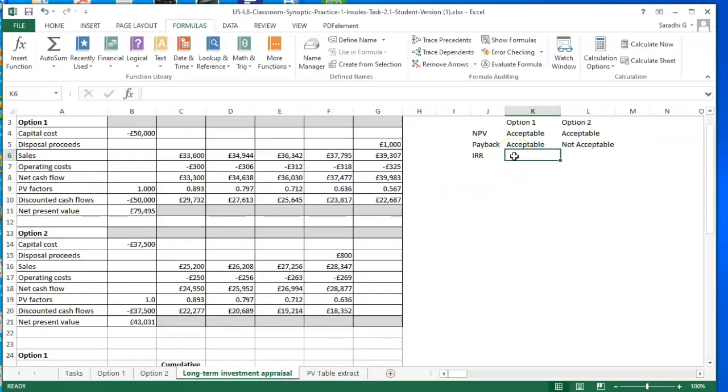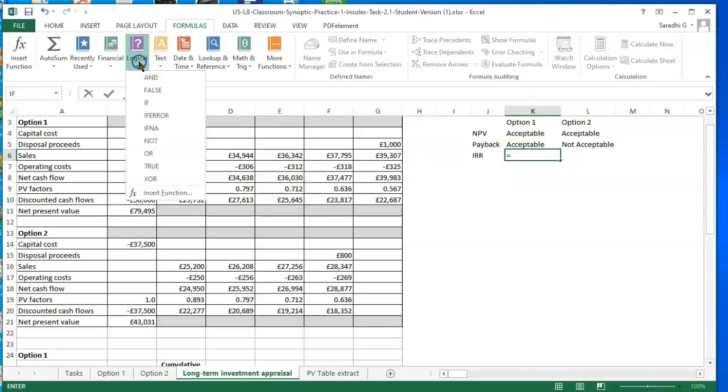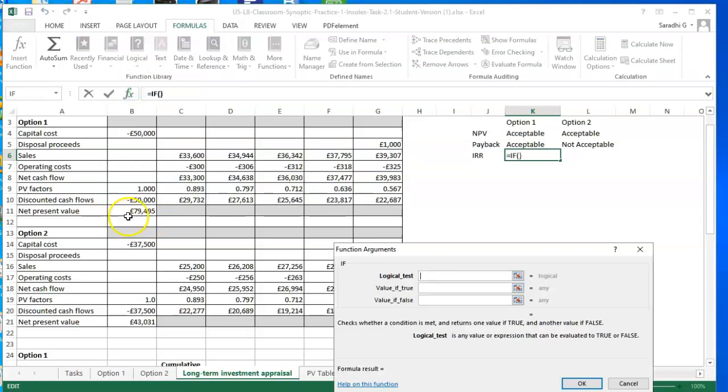So here, logical IF, is greater than 0, not B12, it's B11. If so, then acceptable. If not, not acceptable.